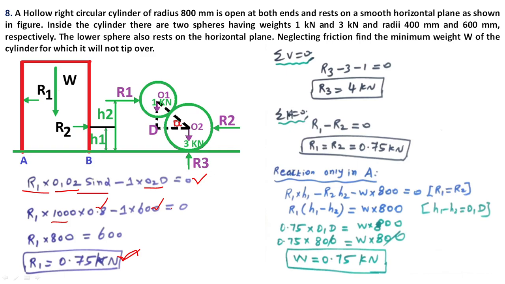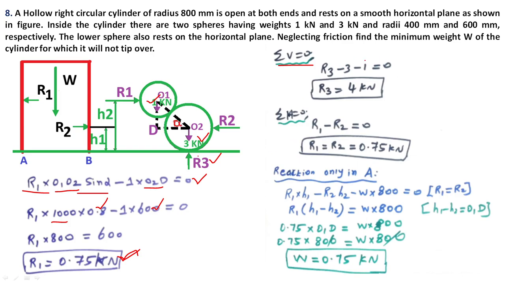Similarly we want to find the R2 value also. Sum of vertical forces: the three forces are R3, 3 kilonewton and 1 kilonewton. Upward force is positive, downward is negative.